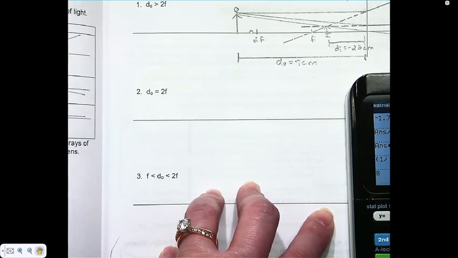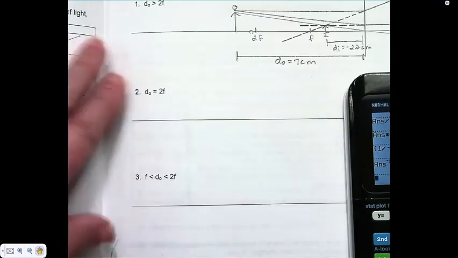So that means di has to be equal to the inverse of that, and I get negative 2.1 centimeters. My measured value was negative 2.2.